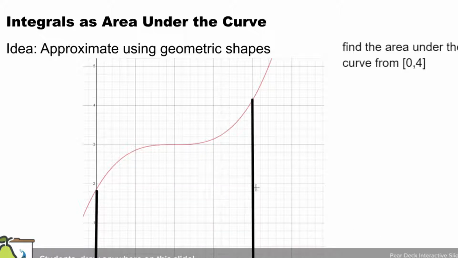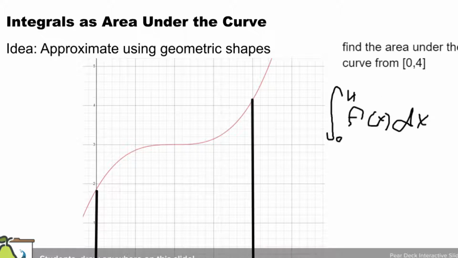What we're going to do today is show you how to approximate it. Now, you know how to actually find this. The way we actually find it is the integral from 0 to 4 of f of x dx. And this is your exact answer. But again, today we're going to talk about how to approximate.